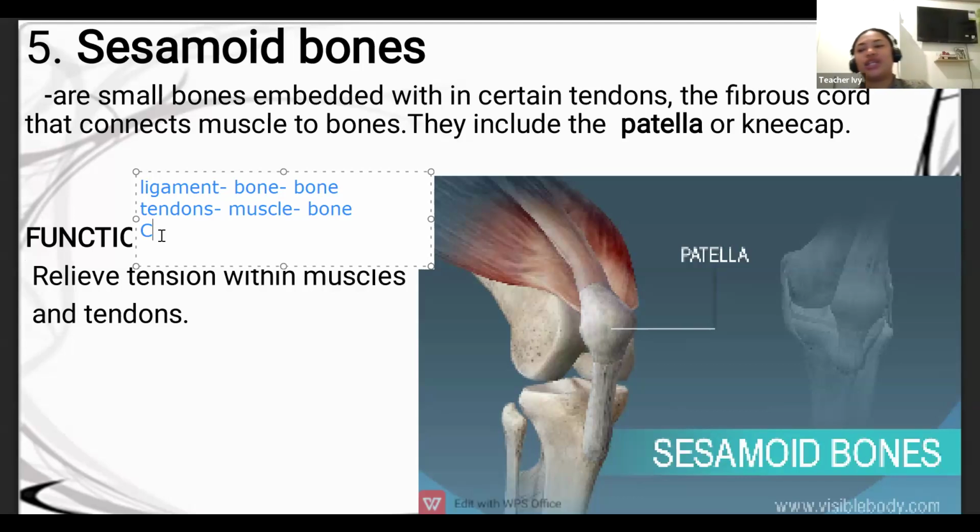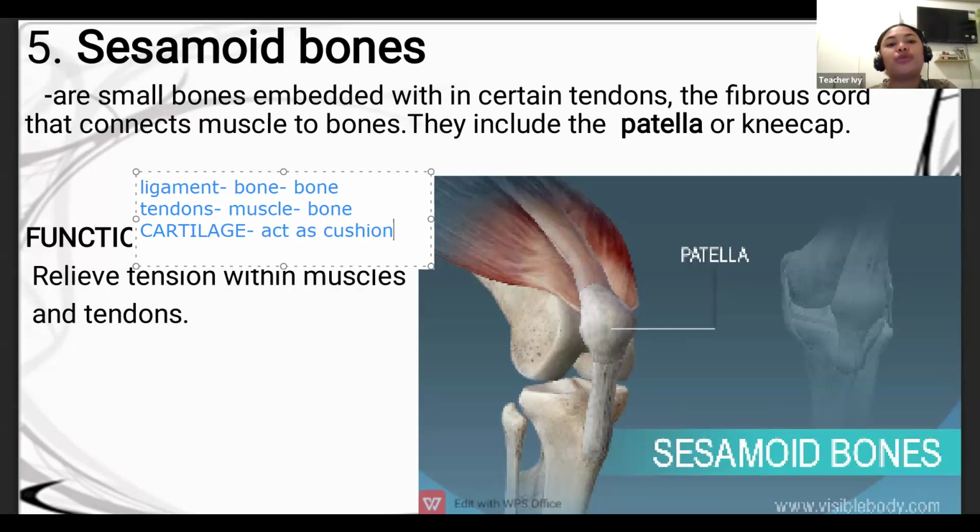The cartilage is the last type of connective tissue, wherein this connective tissue is considered to be the one that acts as cushion to the bone. So cartilage, I had already discussed this one. You just forgot.